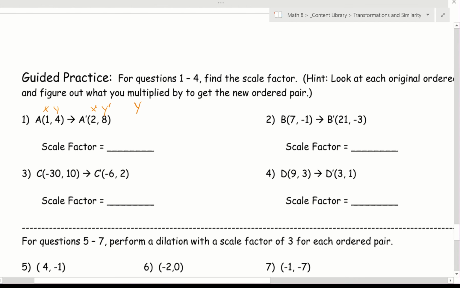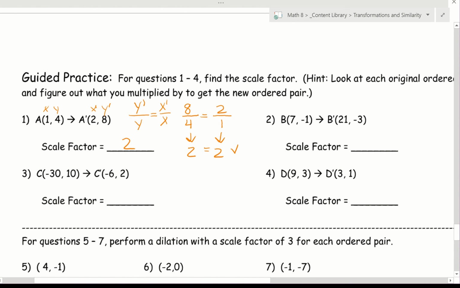So we're going to have y prime over our other y, and see if that equals x prime over regular x. Okay, so our y prime was 8, our y was 4. Does that equal our x prime, which is 2, over our x, which is 1? Well, let's see. 8 divided by 4 is 2. 2 divided by 1 is 2. They do. The scale factor is a 2.